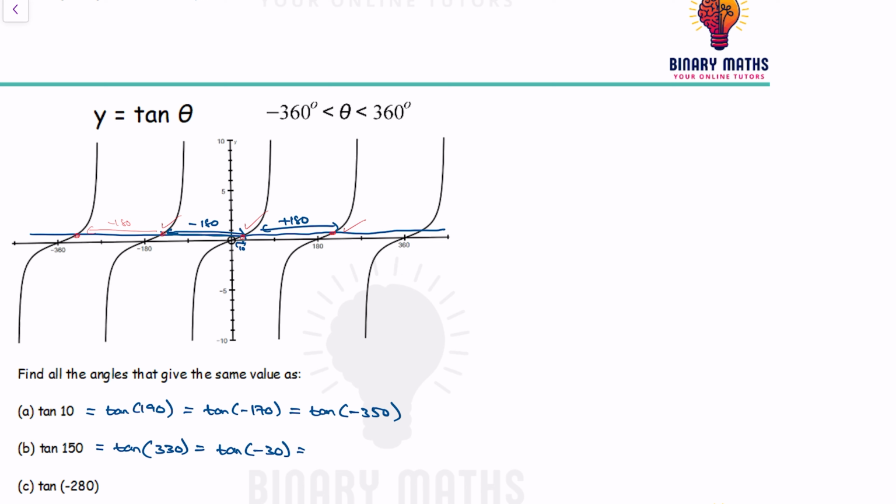And if I subtract 180 more, I get tan of negative 210. Tan of negative 280, if I keep adding 180, I get the next one. So it'll be tan of negative 100. If I keep adding 180 again, it'll be tan of 80. And if I add 180 more, I get tan of 260.